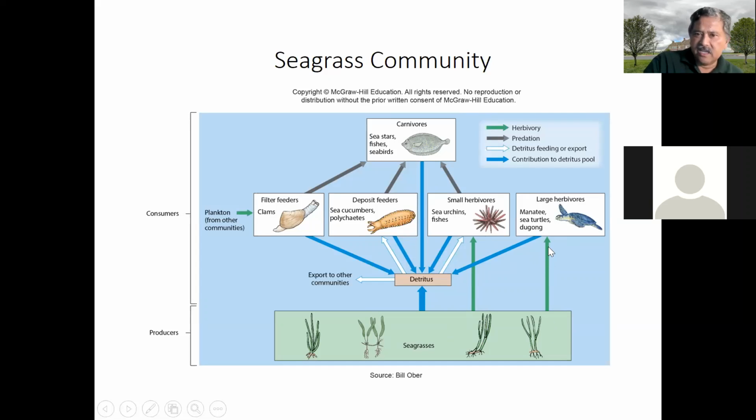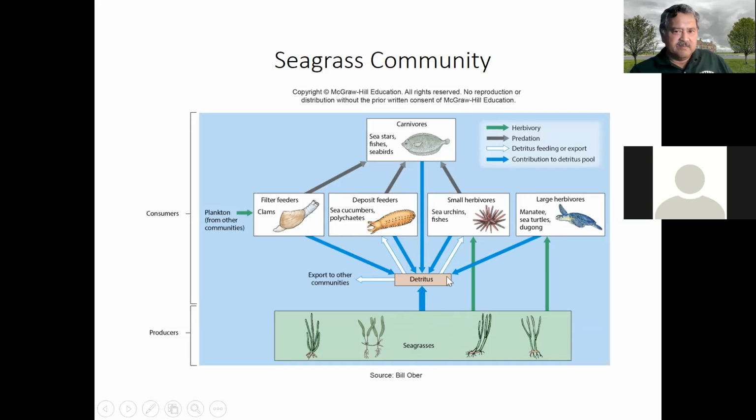But when these guys die, they turn into the detritus. See, this arrow is a little bit bigger, so the seagrasses themselves die and they turn into detritus. And here are other organisms that live in the ocean that all contribute to the detritus.